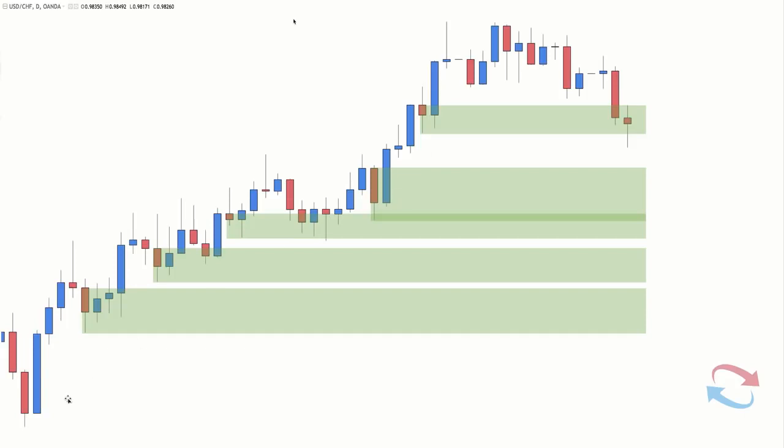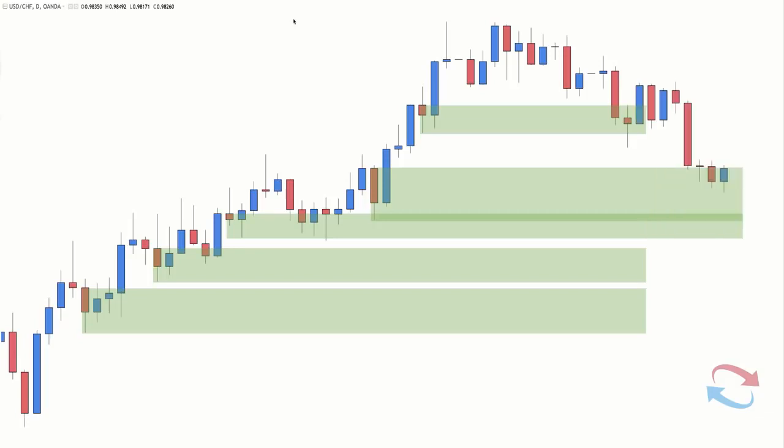But look at fair value and look to buy on pullbacks, because the market will pull back. It's just a matter of time. So always keep in mind, as a side note, when you're trading supply and demand levels, look for prices to come back down to somewhere around fair value before looking to buy in, right?